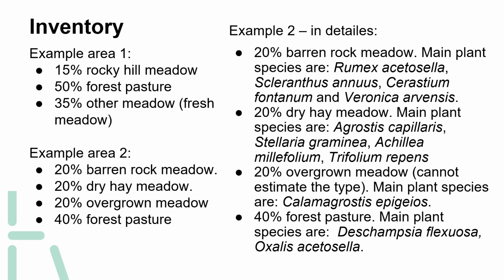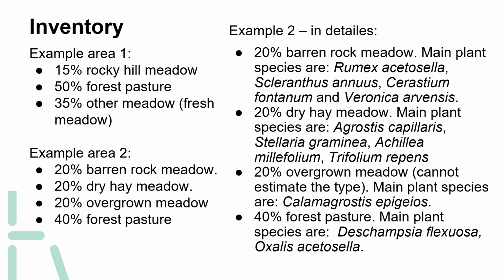This example 2, if a biologist had been making the determination over the area, it could look like in detail here on the page to the right side. First it says 20% barren rock meadow, and then the main plant species are listed, in Latin.